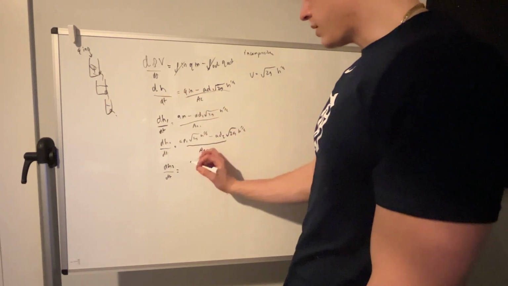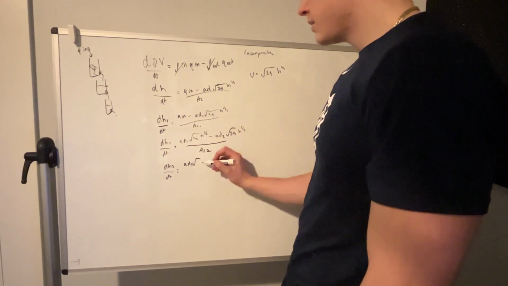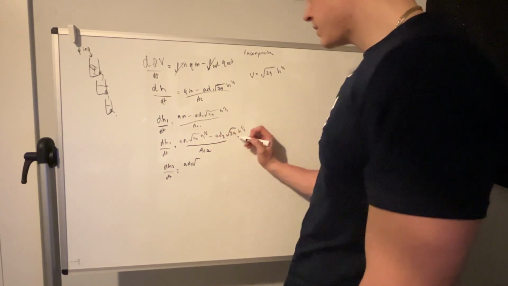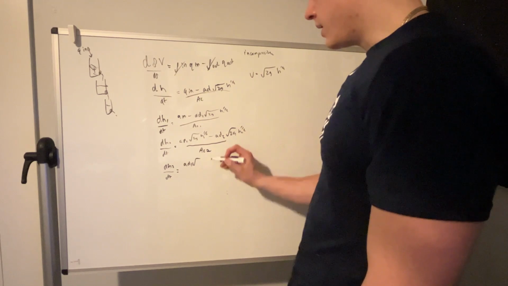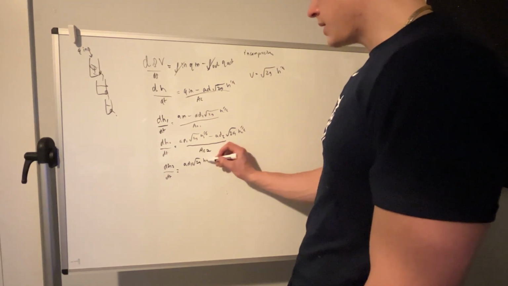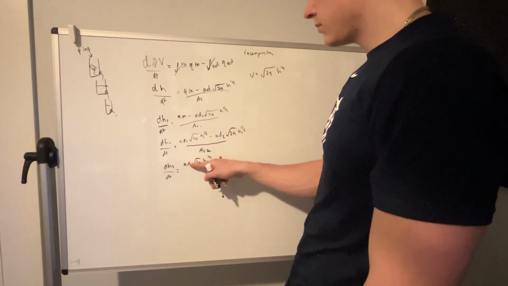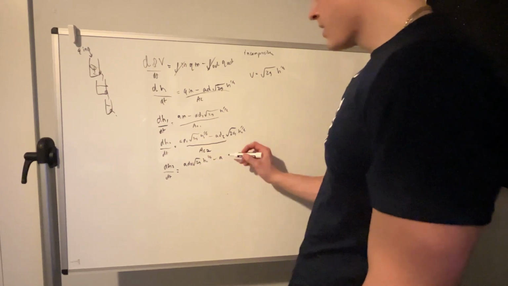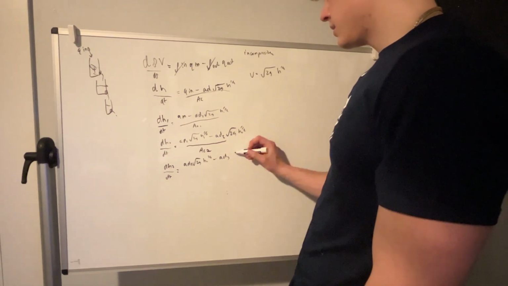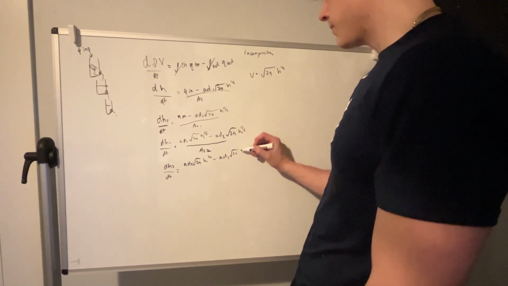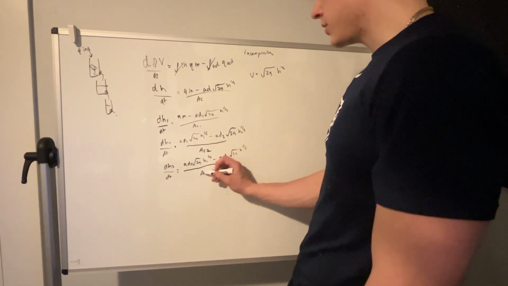So AD3, again the same, times the square root of 2g times H2 to the 1/2, minus what's going out of the third tank, so AD3 times the square root of 2g H3 to the 1/2, over the cross-sectional area of tank 3.